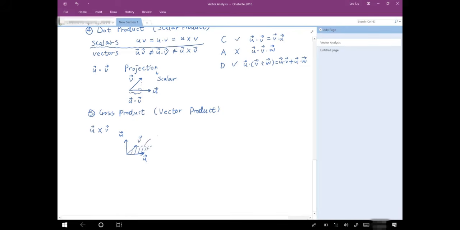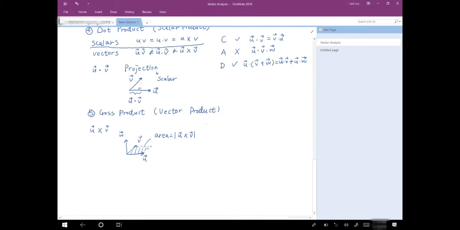So the area is just the magnitude of U plus V. And if you want to write down, using symbols, the U plus V, actually, it's going to be like this.